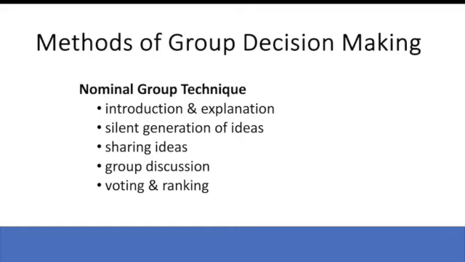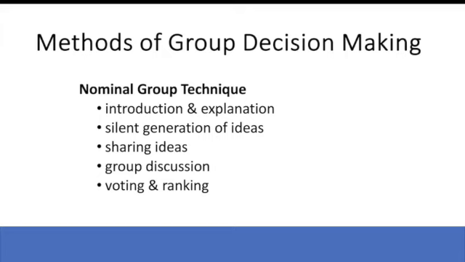So with the nominal group technique, you introduce the situation and you explain it, and then you let people silently generate ideas. And then after people silently generate ideas, you can go off and do it alone. You could come back, you could have a piece of paper and everybody write their ideas down. Then you share the ideas, and then you have a group discussion.